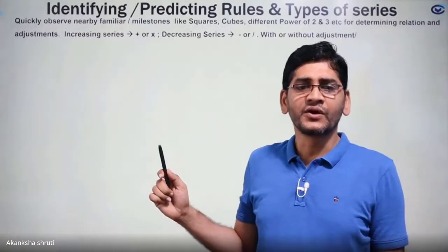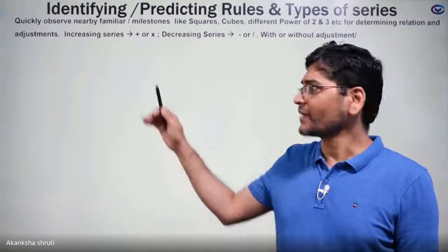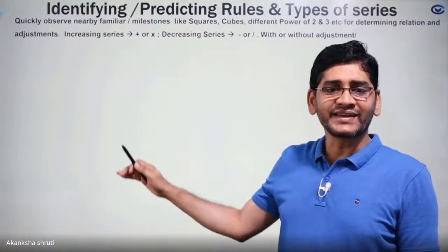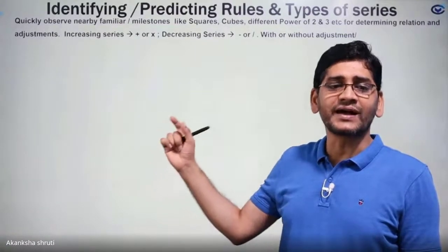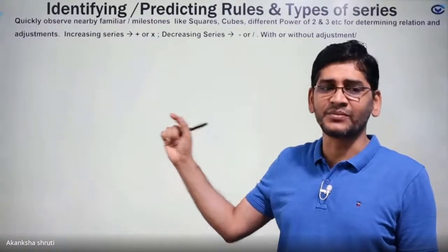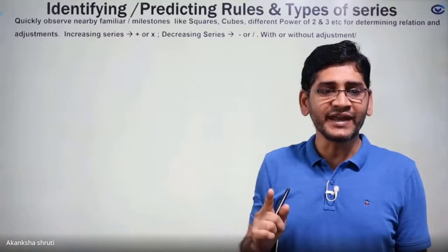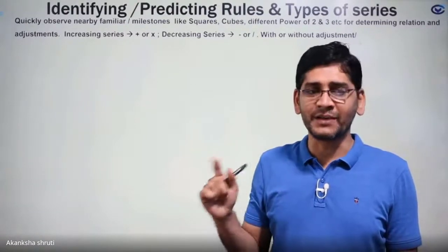Students, broadly, all the questions or rules can be determined by applying the variations or differences among the consecutive or successive numbers. So first we have to observe the difference between the successive numbers.